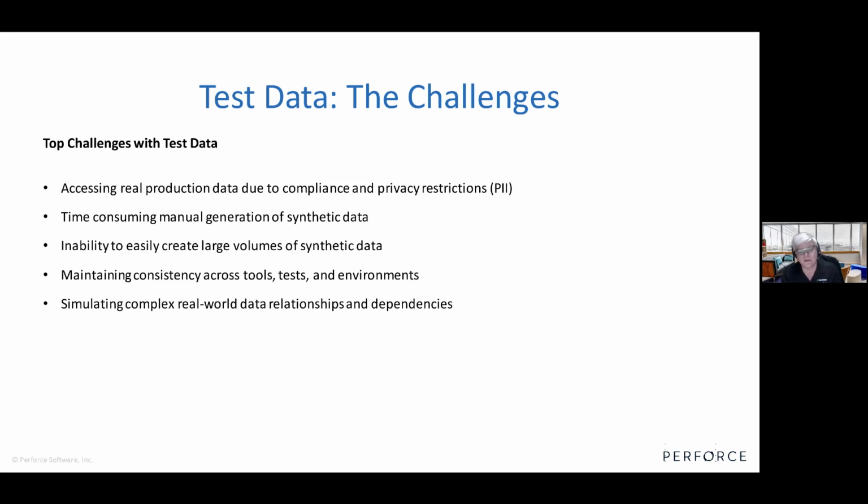And this leads into, certainly with performance testing and load testing, the volume of data. So one is the quality, but the main thing is the variety and the quantity. How do you have high quality data in the quantity you need to actually run a large scale load test? And then how do you keep that data consistent?